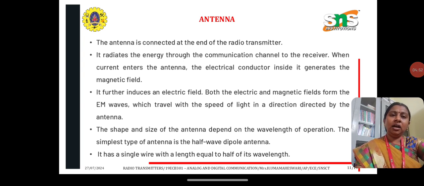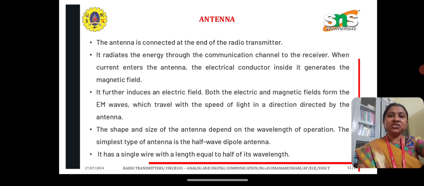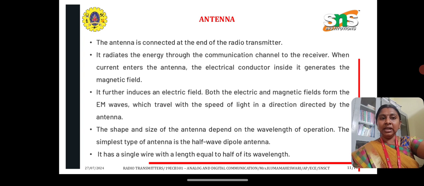Antenna finally is connected at the end of the radio transmitter, where it radiates the energy through the communication channel to the receiver. When the current enters the antenna, the electrical conductor inside it generates a magnetic field. It further induces an electric field. Both the electric and the magnetic field form the EM waves, which travel with the speed of light in a direction directed by the antenna.